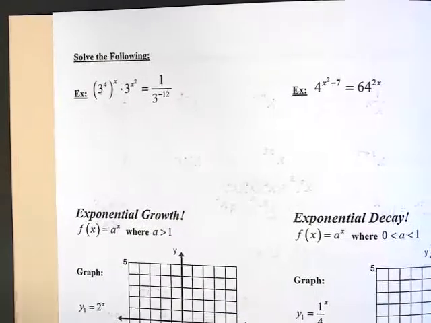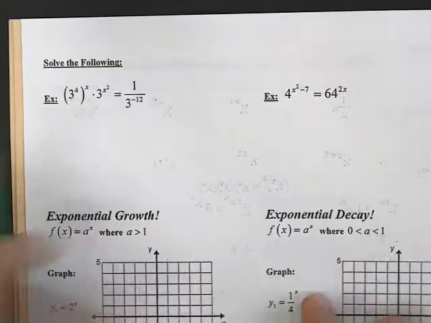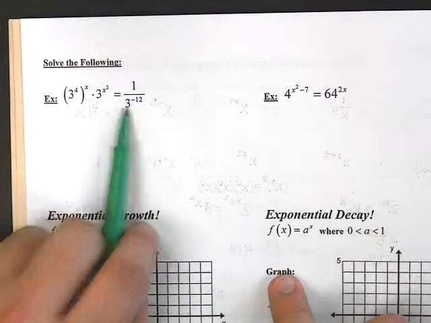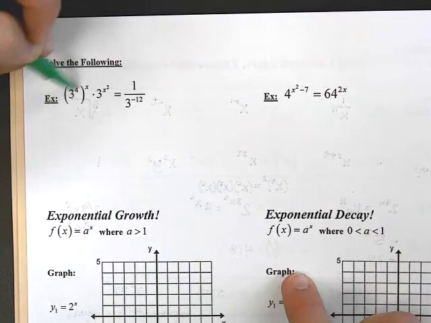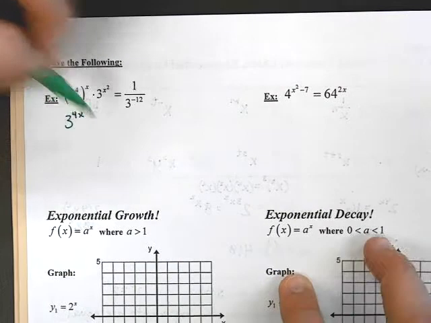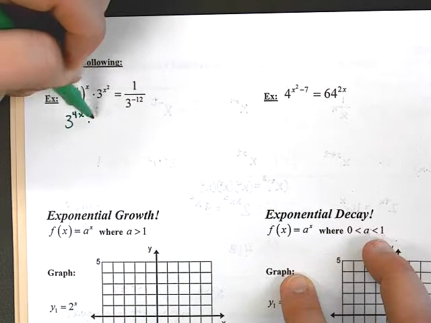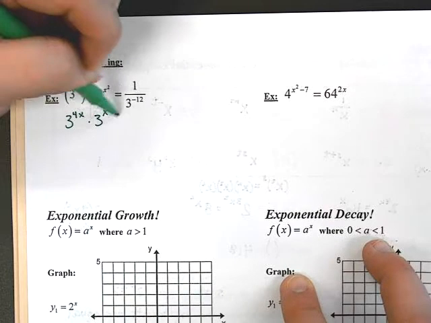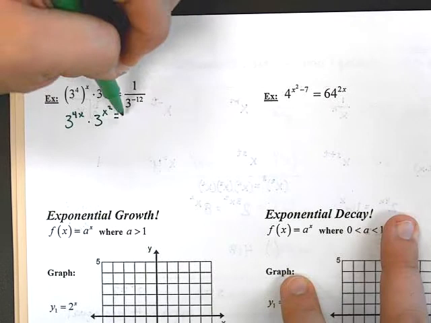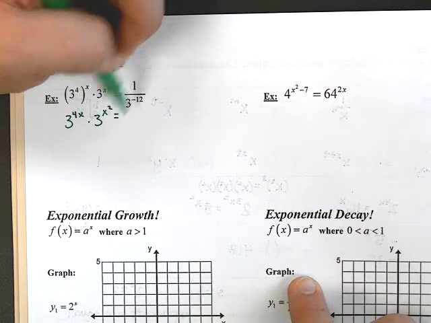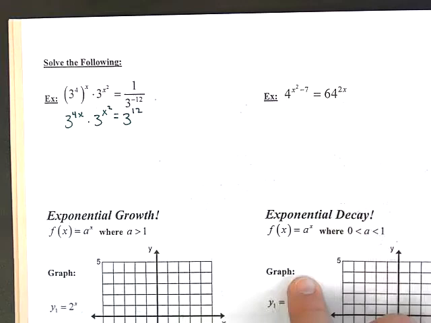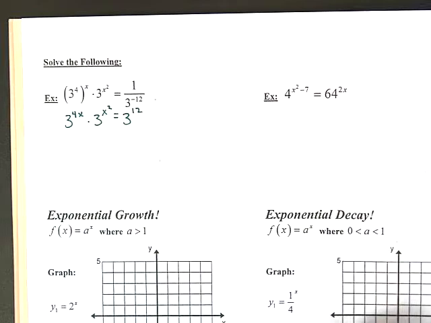All right, up at the top, looks like we have base of 3, base of 3. Okay, this is good. So we just have to use some of our rules to clean this up. So I can change this to 3 to the 4x times 3 to the x squared, and I'm going to change this to what? If I see 3 in the denominator with a negative, I'm going to bring it to the numerator with a positive exponent, okay?